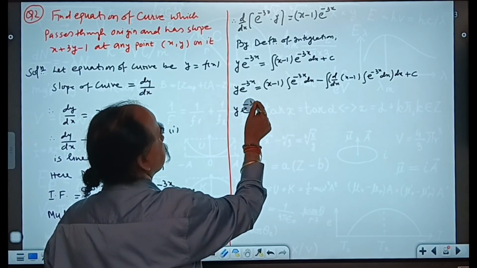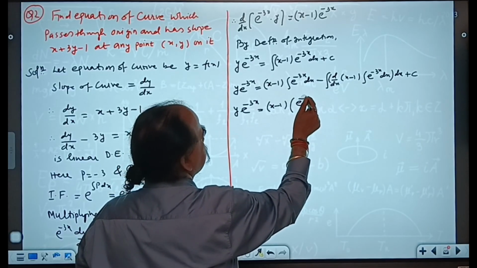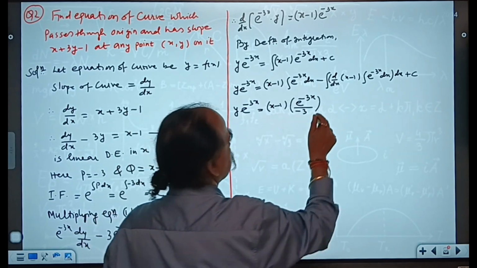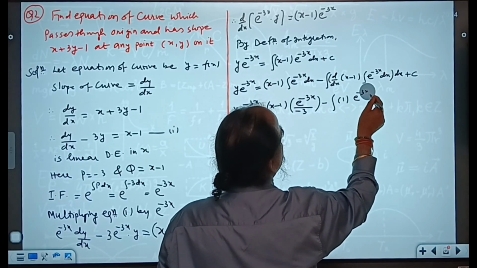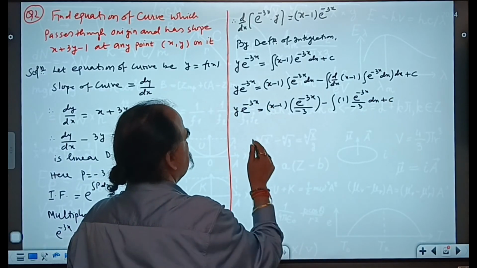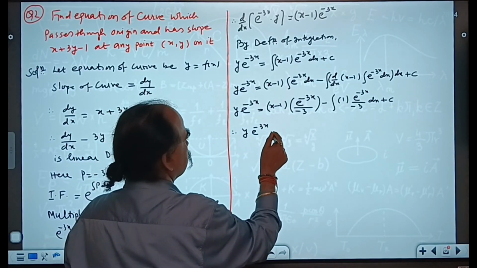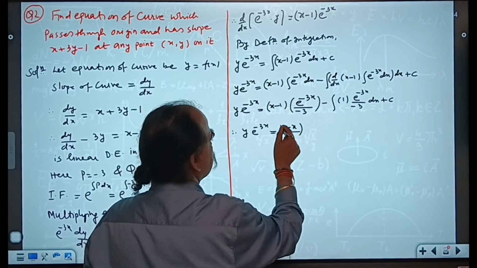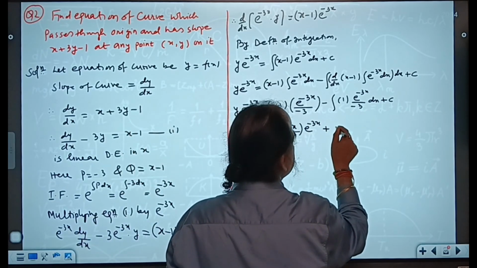So y e raised to minus 3x is equal to x minus 1 into e raised to minus 3x upon minus 3, minus 1 into... So y e raised to minus 3x is equal to 1 minus x upon 3 plus 1 by 3.